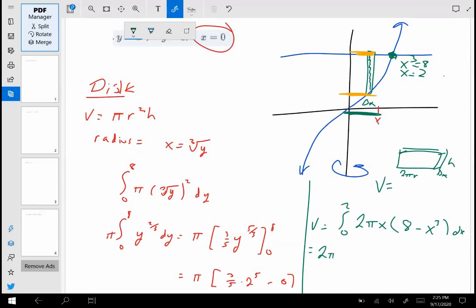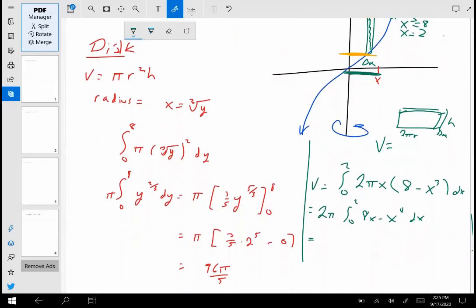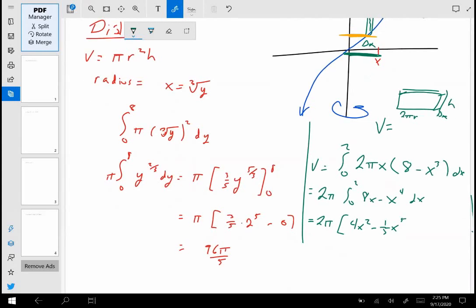I'm going to factor out that 2 pi just because. Now I can just distribute that x to the 4th. This one's not going to be a bad integral either. So that's going to be 4x squared minus 1/5 x to the 5th. And we'll evaluate that from 0 to 2.